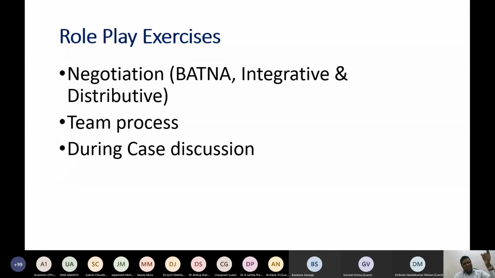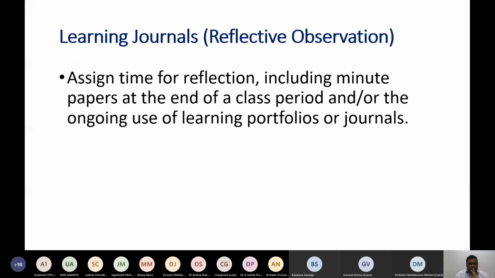The boss is going to say no promotion, but offer some other thing. So how are you going to communicate to your subordinate that you are going to say no to the proposed promotion, or the promised promotion when you recruited this guy? So that is the scenario. That can be done also during case discussion. These are the experiential learning methods.